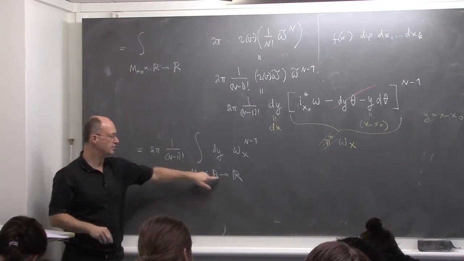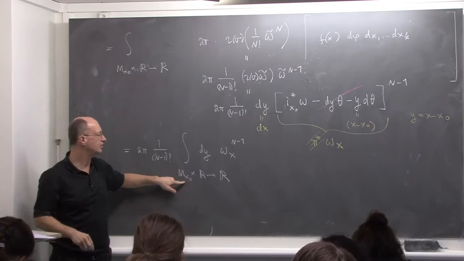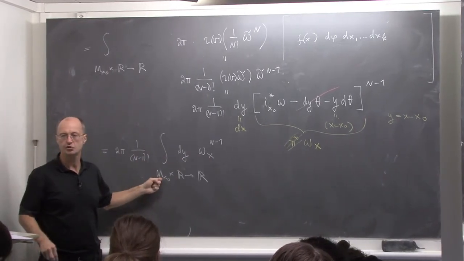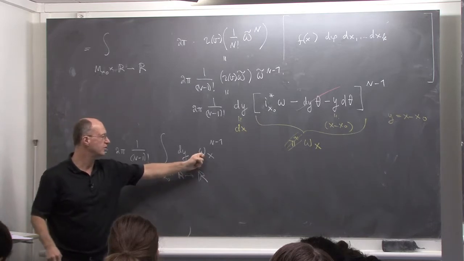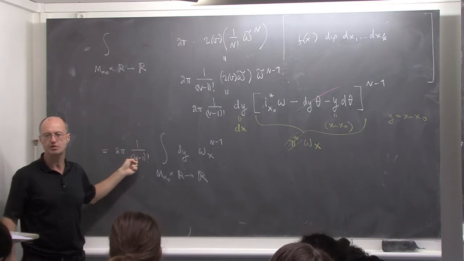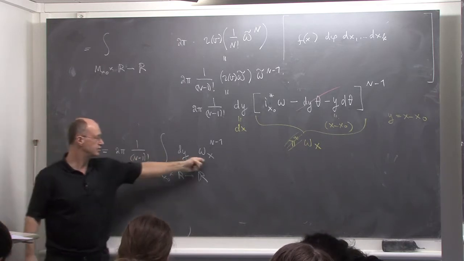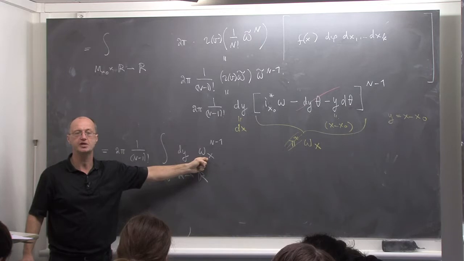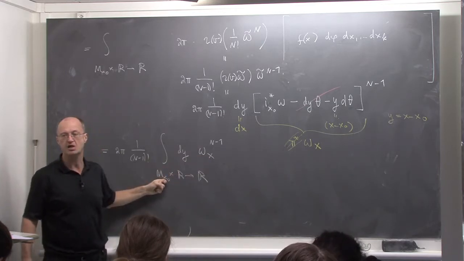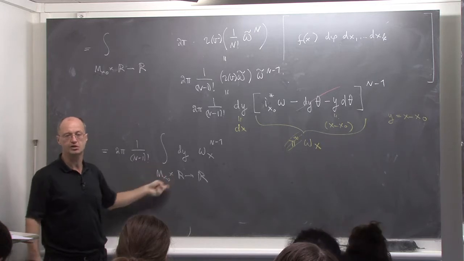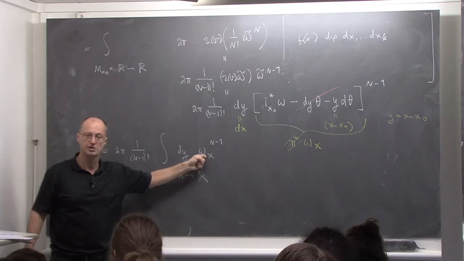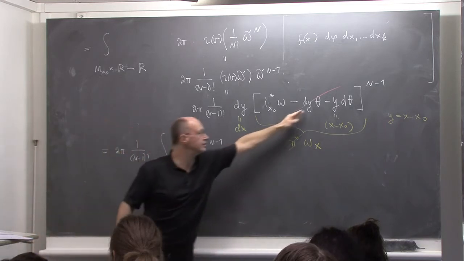Now, what's going to happen when we do the fiber integral? Well, we should fiber integrate over M_x0. What should we integrate? We should integrate the form omega x to the power n minus 1, possibly divided by n minus 1 factorial. So that's just the definition of the symplectic volume of the corresponding reduced space M_x, because all the reduced spaces are identified with M_x0, but their two-forms differ by this linear term.